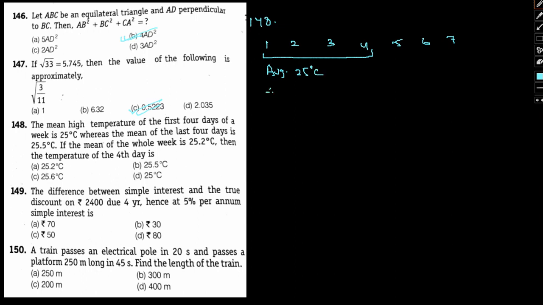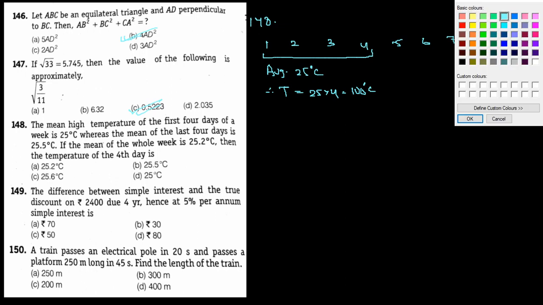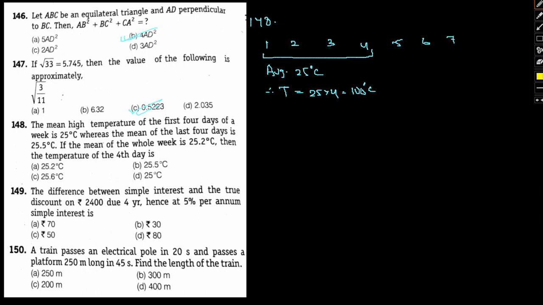Therefore, the total temperature will be 25 into 4, that is 100 degrees Celsius. Now the last 4 days, that is from here to here, the average is given as 25.5 degrees Celsius. Therefore the total will be 25.5 into 4, or 102 degrees Celsius.